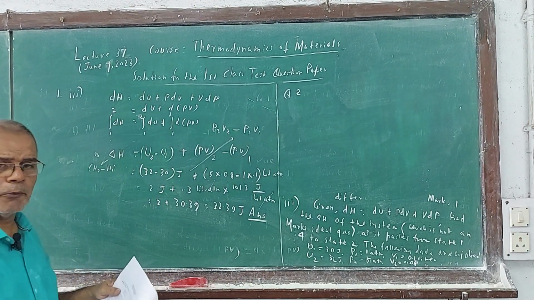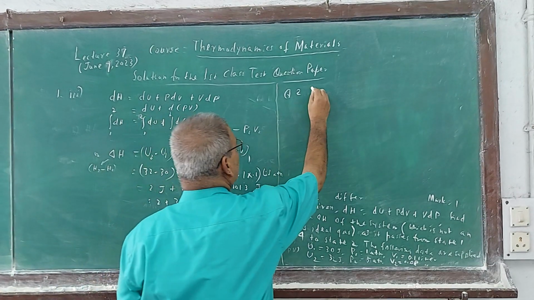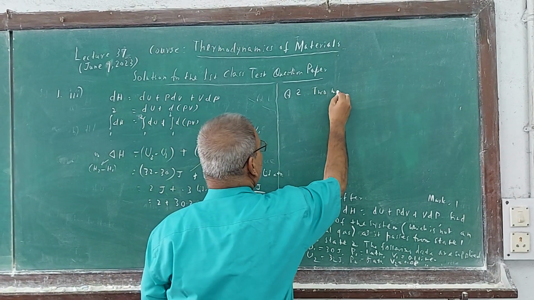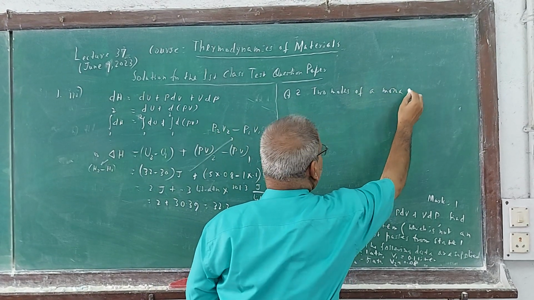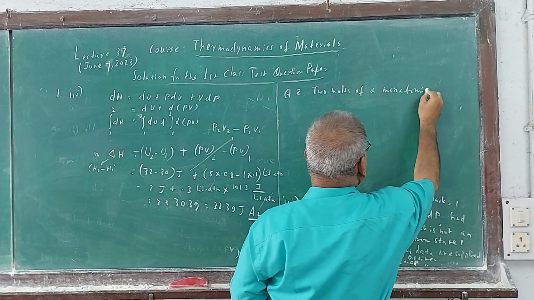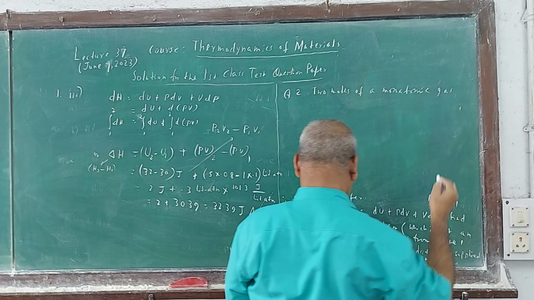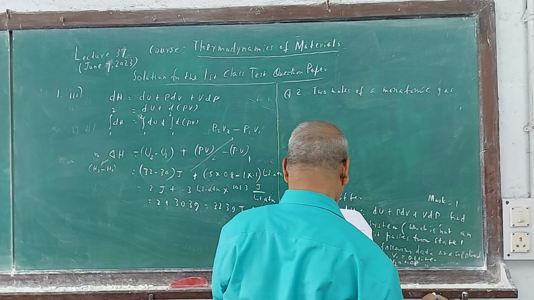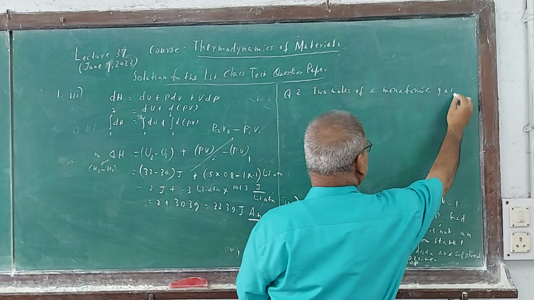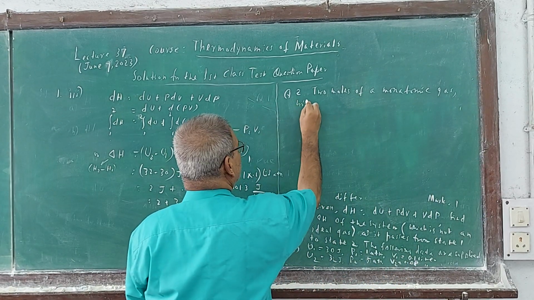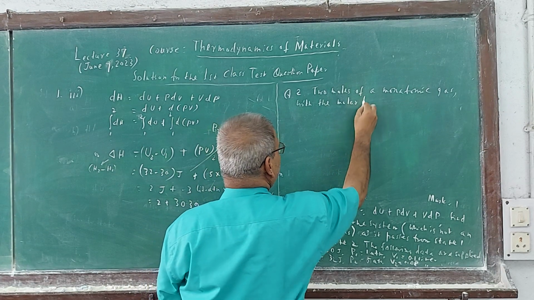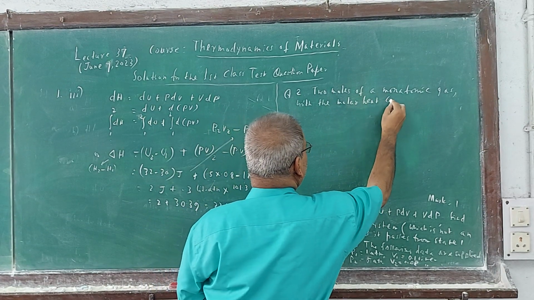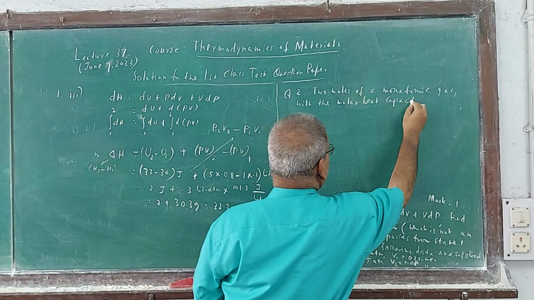Let us see: 2 moles of a monoatomic gas with the molar heat capacity, which you know already, given as Cp.